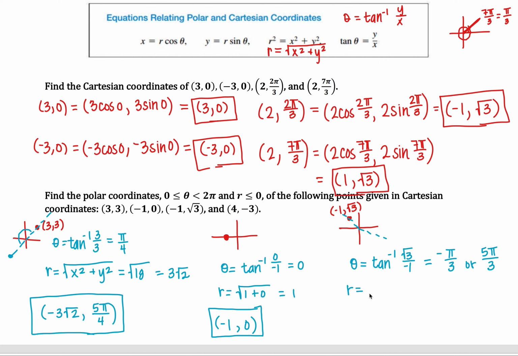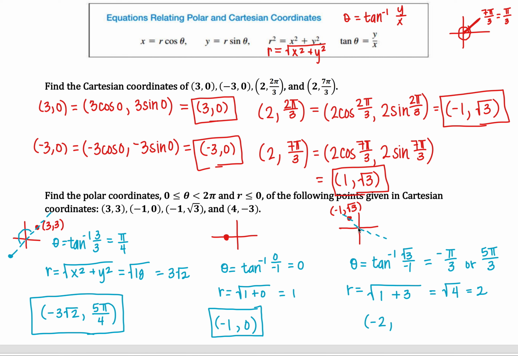The r value is the square root of x squared plus y squared. X squared is going to be 1, y squared is 3. 1 plus 3 is 4, so we have the square root of 4, so r is 2. Now, our r value has to be negative, and that actually is going to work in our favor here.